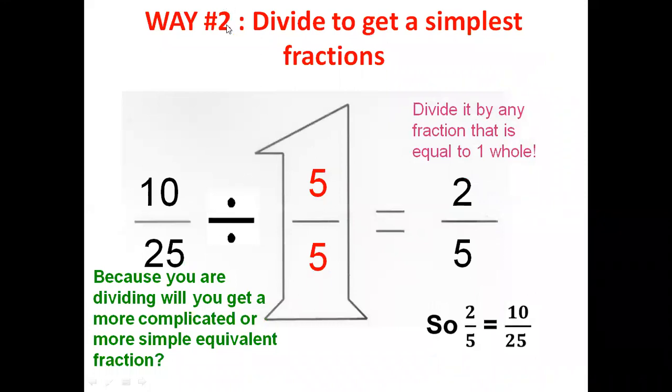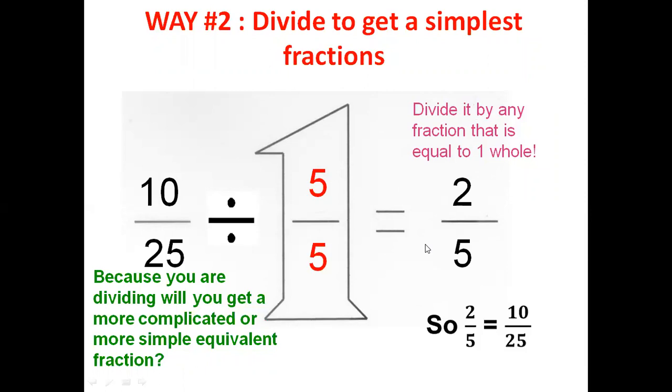If we are talking about way number 2, which is dividing, if we choose to divide by a number which is 5 out of 5, here, let's do it. 10 divided by 5 is 2. And 25 divided by 5 is 5. So 10 out of 25 is the same as 2 out of 5.